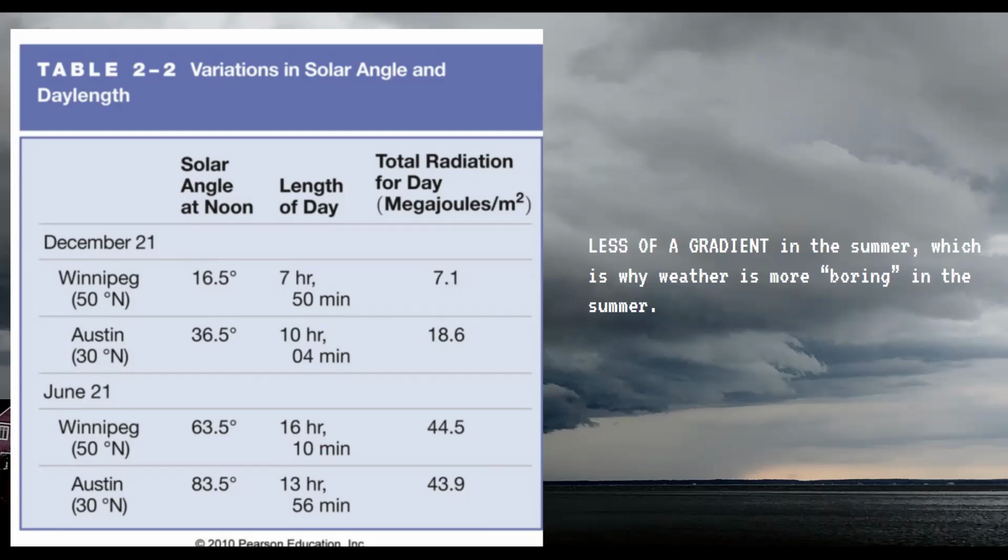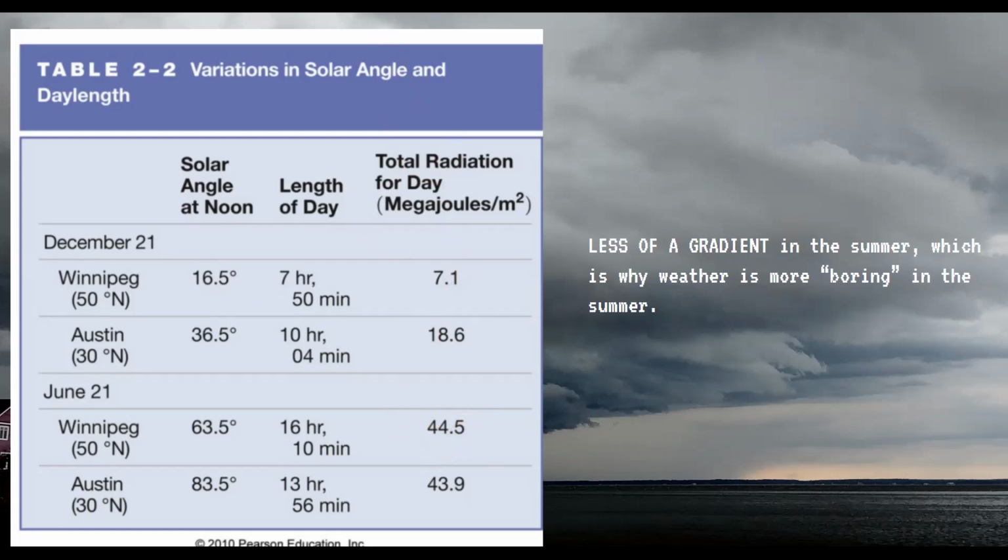Well, if we think about everything that I've just talked about, it would make sense that the length of the day is longer at this higher latitude at this point. We also have only a slightly higher total radiation for the day, but it is higher this time.